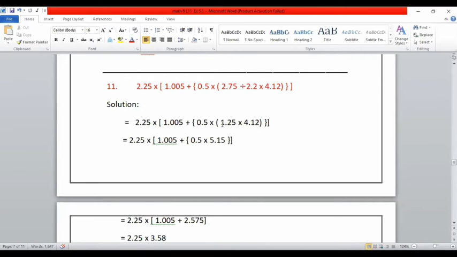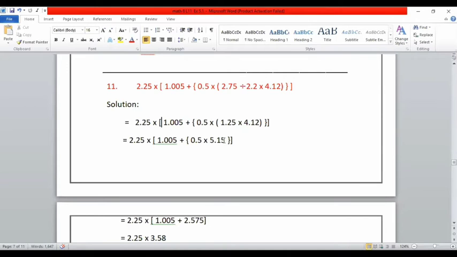After multiplication you will get the answer 5.15. And when we get 5.15, this whole value will become single. Then multiply these two figures, 0.5 and 5.15.